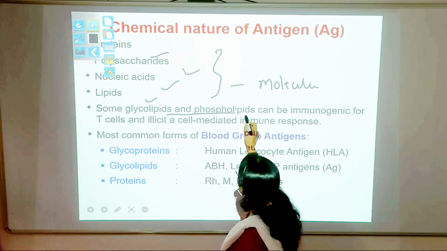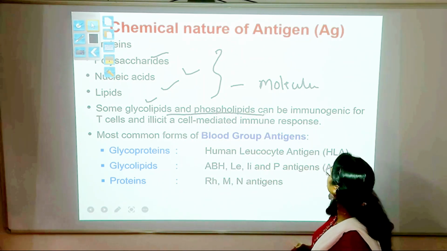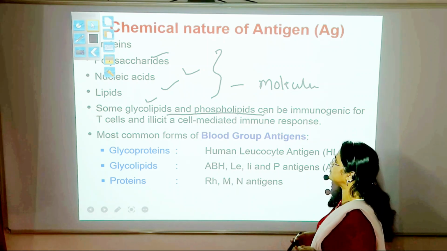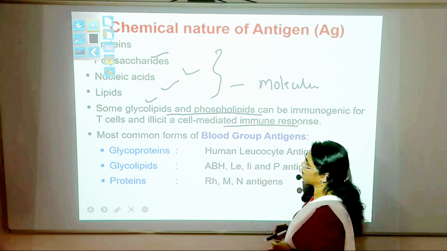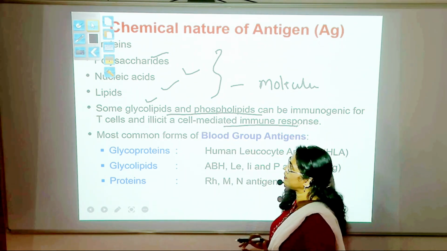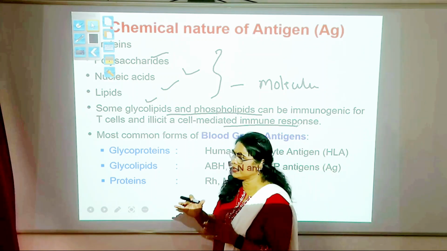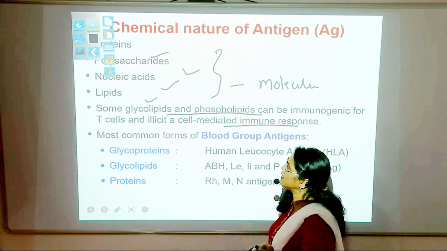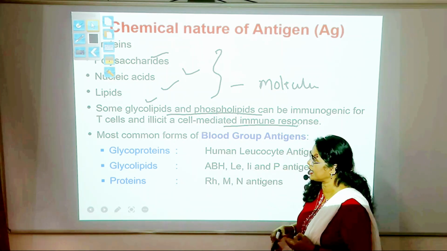Some glycoproteins and phospholipids can also behave as immunogenic, or they can stimulate the T cells for cell mediated immune response. So chemically, antigens are proteins, polysaccharides, nucleic acids, and lipids.